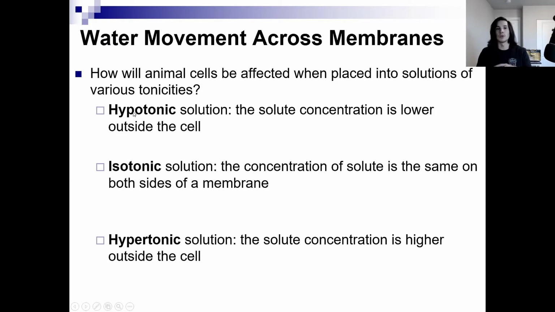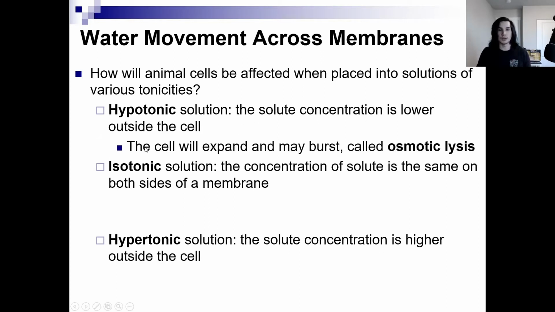So there's more solute in the cell than there is outside, and so what happens is the water will travel through your cell's semipermeable membrane and cause it to swell up. Your cell will actually get larger. Now, if you swell up enough, you might undergo a process called osmotic lysis. So lysis means to cut. If we're talking about red blood cells, we call this hemolysis.